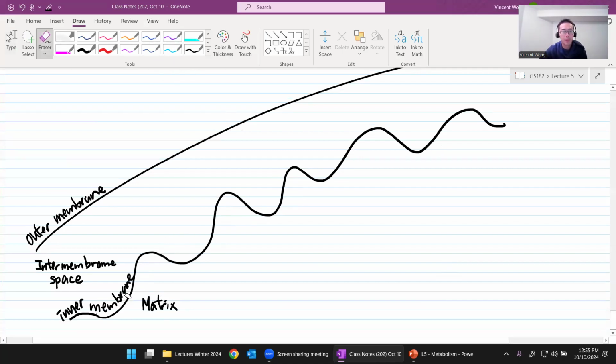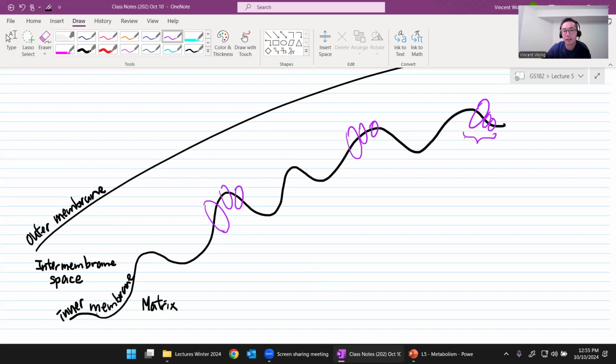Now, these foldings are the cristae, right? And embedded within the cristae are these protein series. Okay, so there are many of them, like hundreds and thousands of them, all packed in the cristae, but we're just going to draw a few of them, and the whole group together is the electron transport chain.